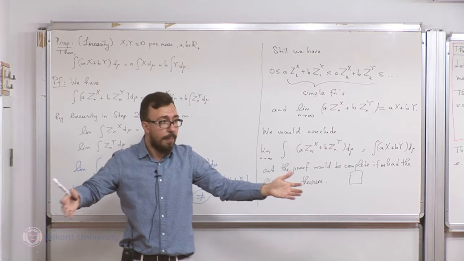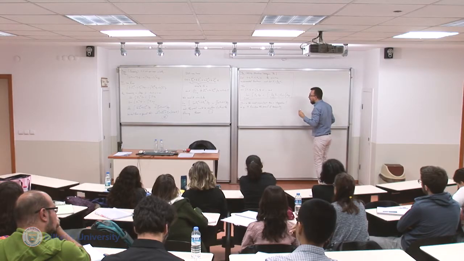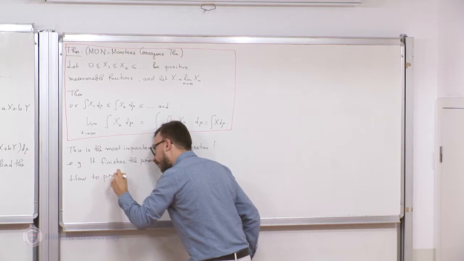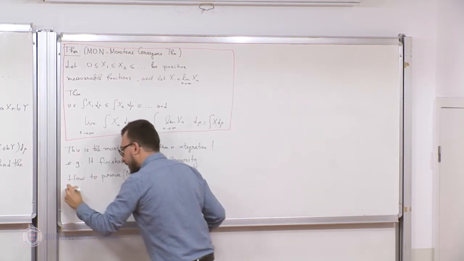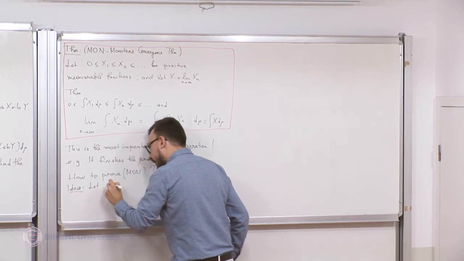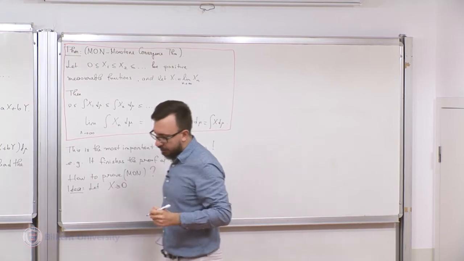They're separate. Okay? So how to prove MON? The idea is as follows. Let's say we have x, positive measurable.